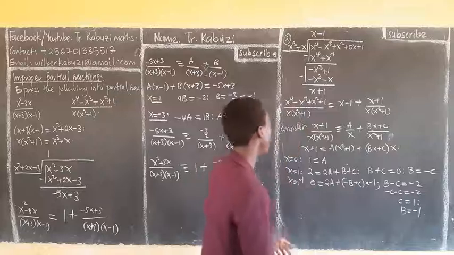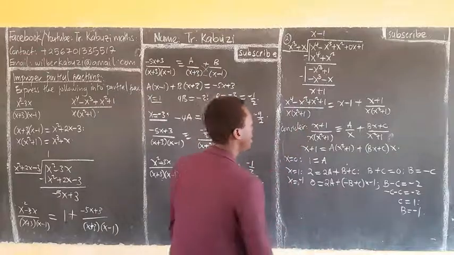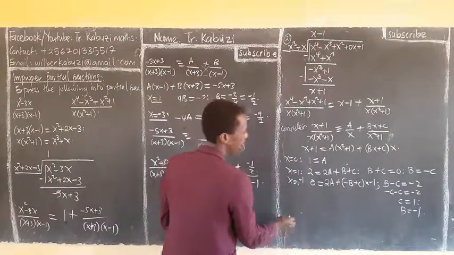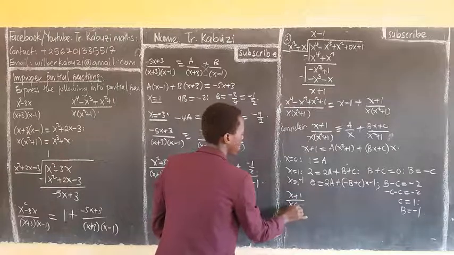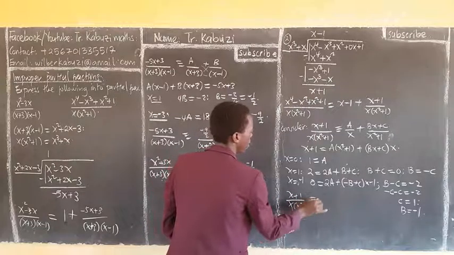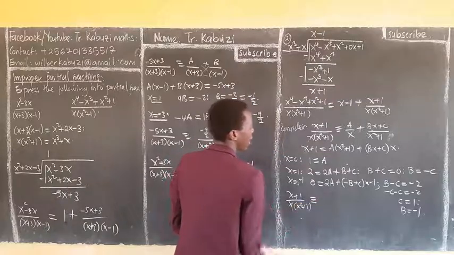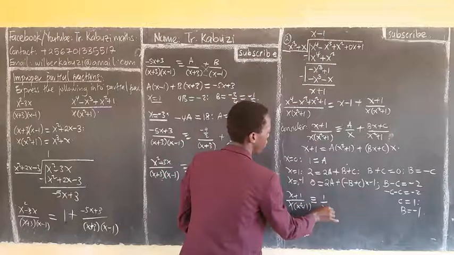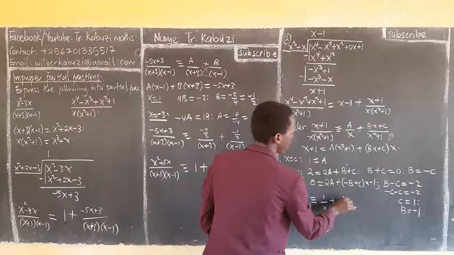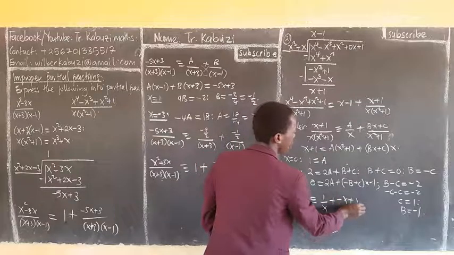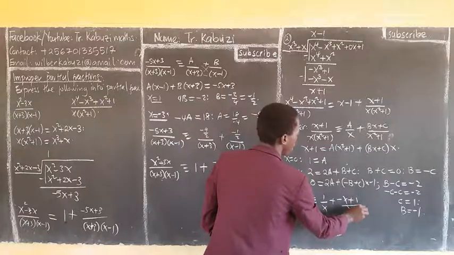Now writing the whole of this, x plus 1 over x squared plus 1 is equivalent to, A is 1, so 1 over x, then B is negative, so negative x plus C is 1, the whole over x squared plus 1.